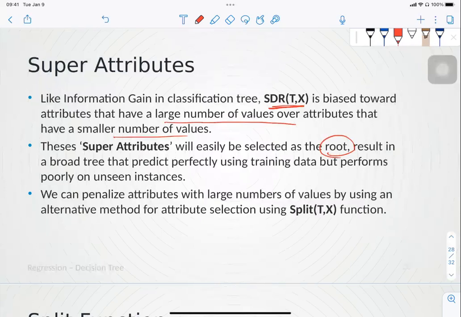We can penalize attributes with large numbers of values by using an alternative method for attribute selection using a split function.